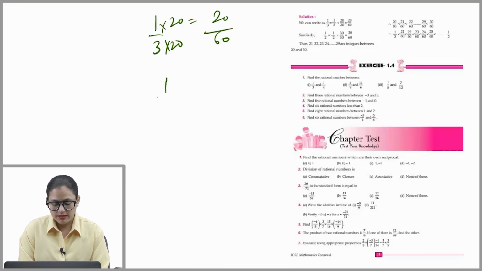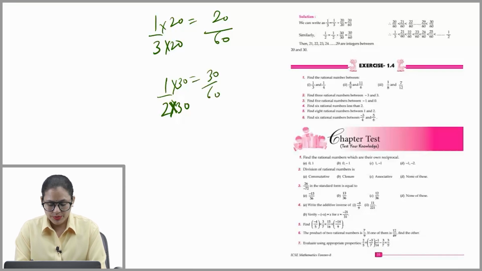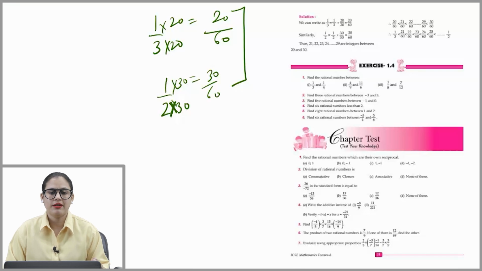Okay, then next one is 1 by 2. We will also make the denominator of this rational number 60, 30 by 60. Now, between 20 by 60 and 30 by 60, there are how many integers? 21 by 60, 22 by 60, 23 by 60, 24 by 60, and so on. Okay, so these are the rational numbers between 1 by 3 and 1 by 2.